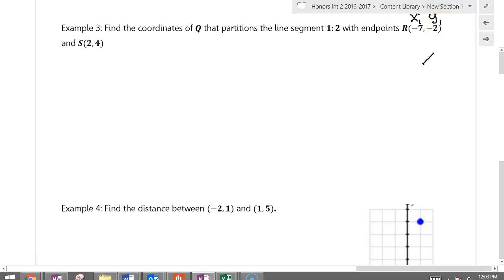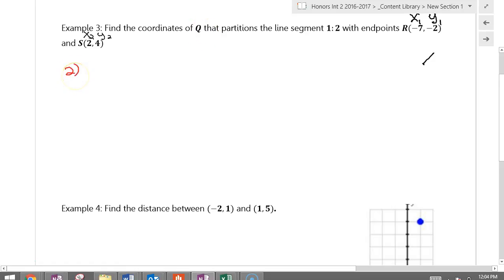X1, Y1, and X2, Y2. Okay. So then I have to create my fraction.